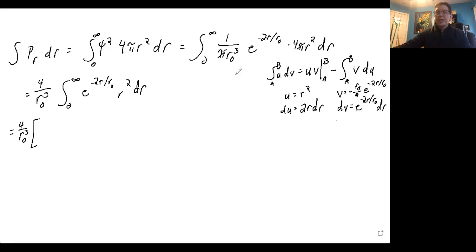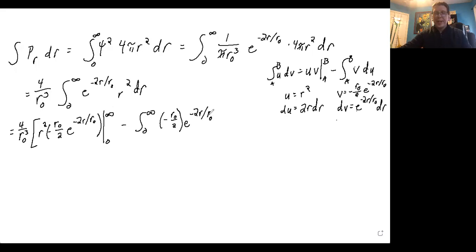And so you want uv, so that's r squared times negative r naught over 2 times e to the negative 2r over r naught, and you're evaluating between 0 and infinity, and then subtracting the integral also from 0 to infinity of v, so that's negative r naught over 2 times e to the negative 2r over r naught times 2r dr. So let's simplify both of these.